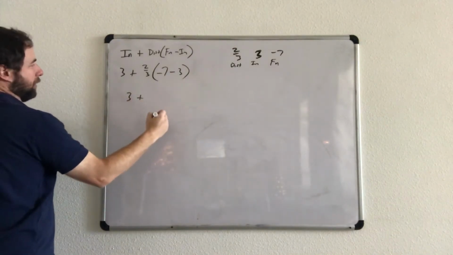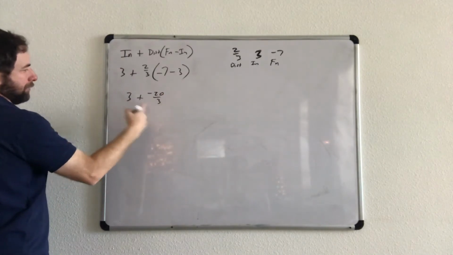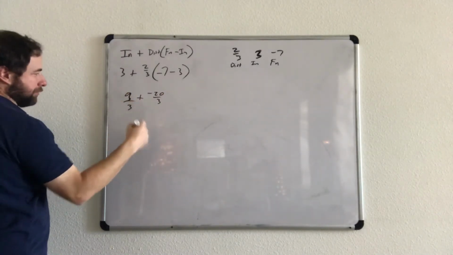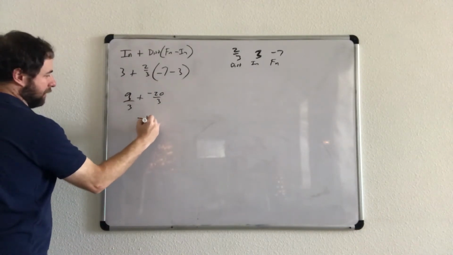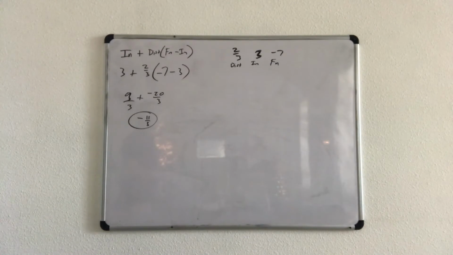So you end up with 3 plus -20/3, and 3 plus -20/3, you can make that 9/3. It becomes -11/3.